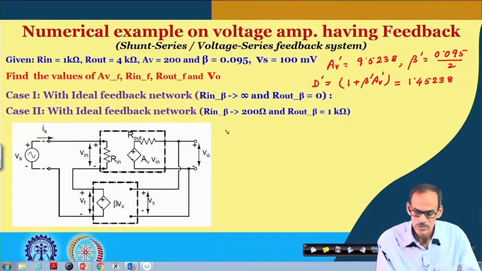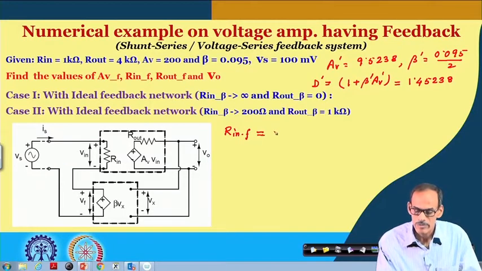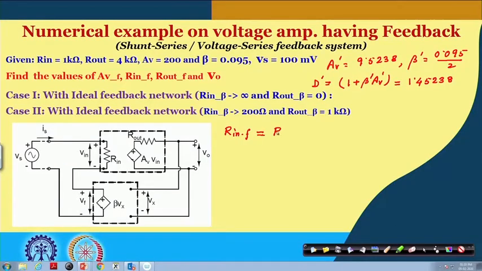So, we need to find what will be the R in F. We know that the input resistance will be increased, but should we consider R in multiplied by 1 plus beta dash A V dash? Should I be getting this value correct?